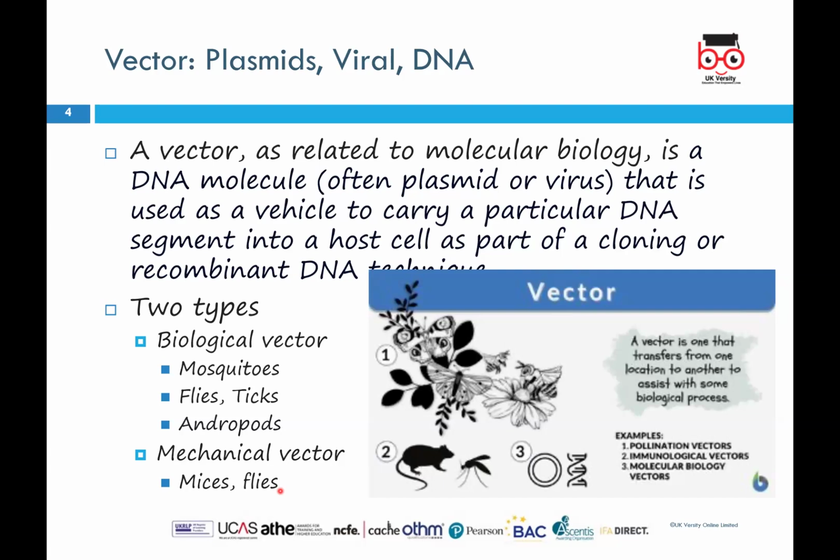The second type of vector is a biological vector, such as a mosquito. So what does this biological vector mean? I'll talk about the malarial parasite again. If I am infected with malaria, I have Plasmodium in my body, the organism that is responsible for malaria.